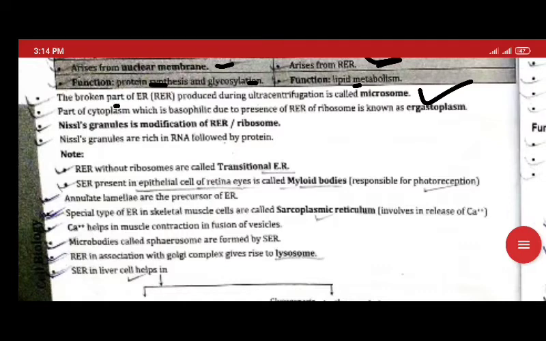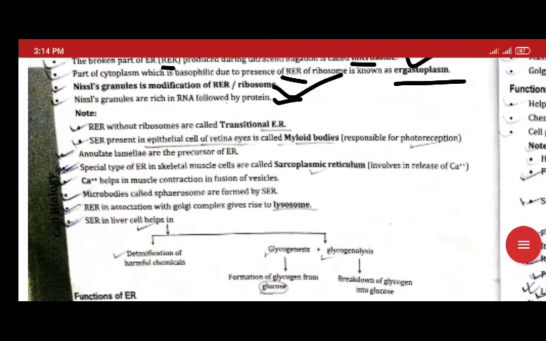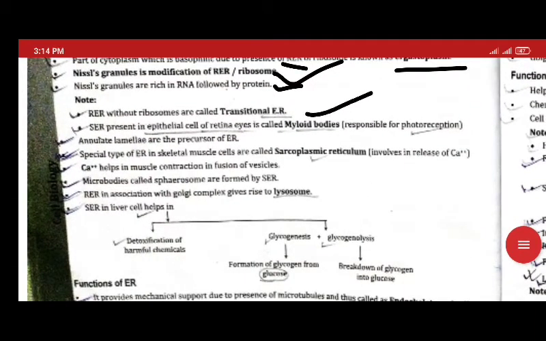Broken RER is called microsomes, and part of RER is called ergastoplasm. Nissl granules are a combination of RER, and RER without ribosomes is called transitional ER.